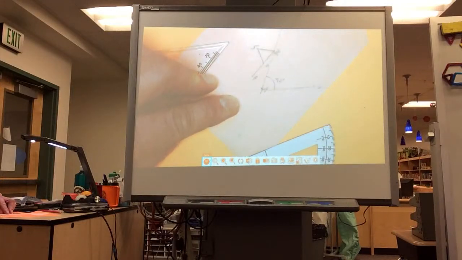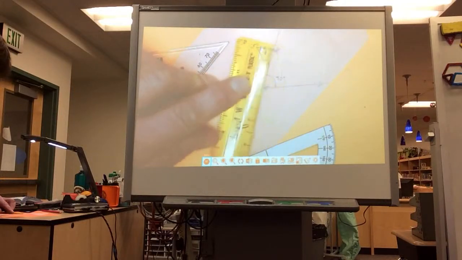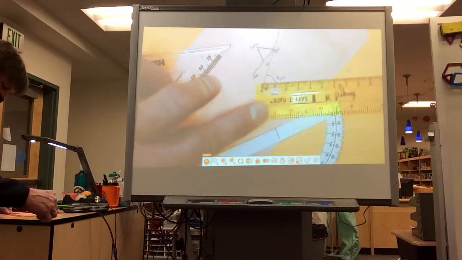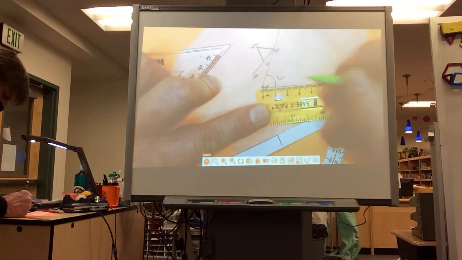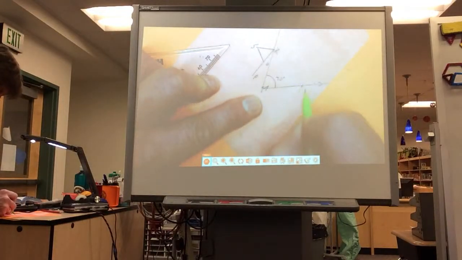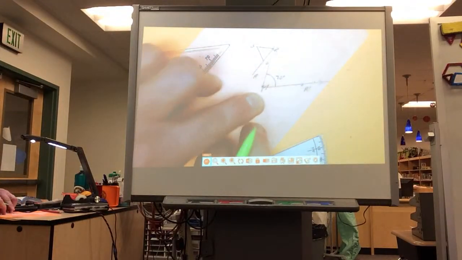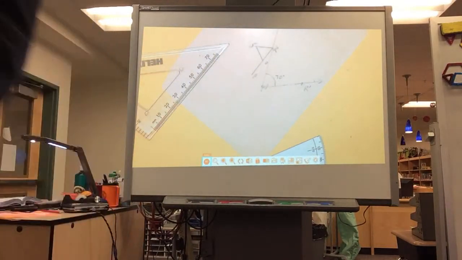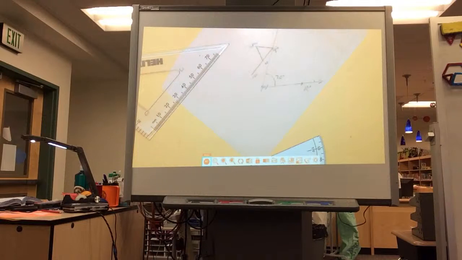So there's where you have to get your ruler going. I measure how far it is from A to R, and then I measure that same distance away, and I mark R prime. And then you do that with the rest of the points. Each vertex of that figure gets rotated 70 degrees.